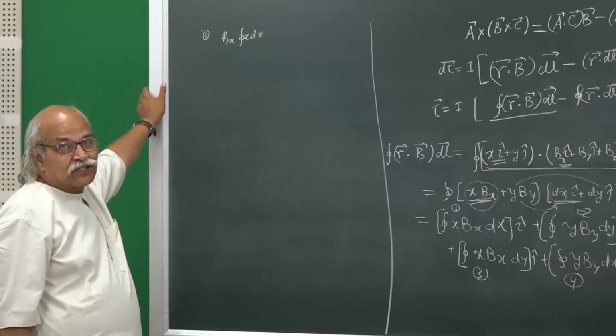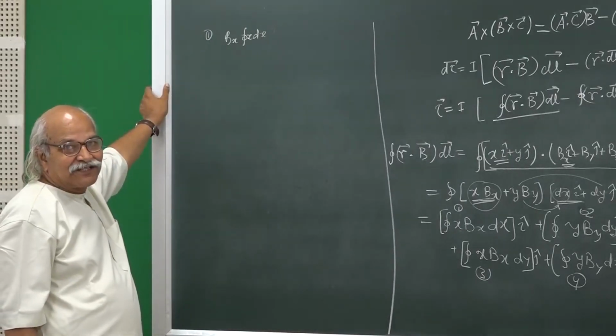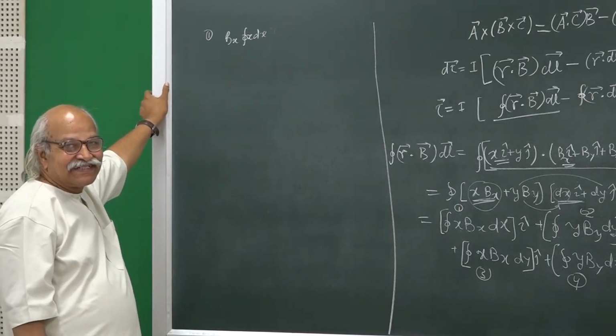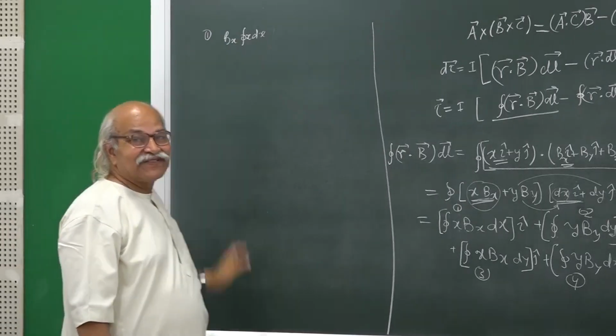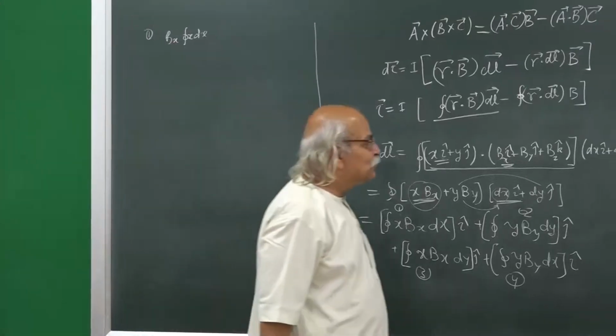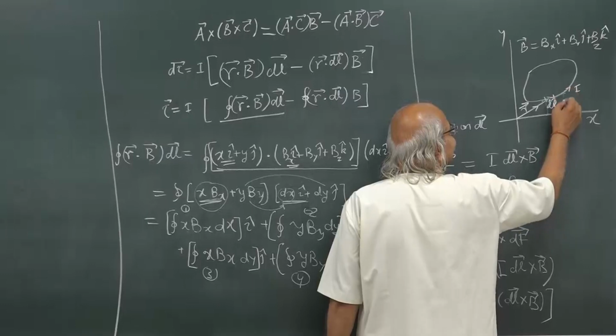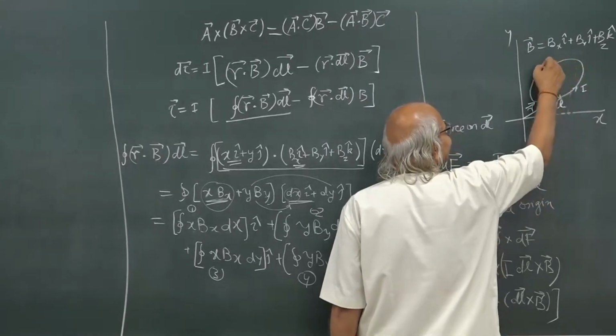What is x dx on a closed loop? This is 0. x dx, if you do, x dx here, then x dx here, x dx here, x dx here.